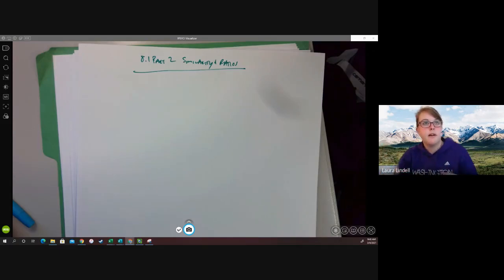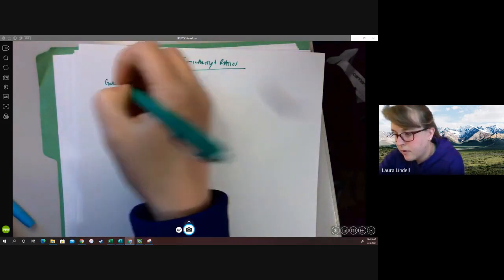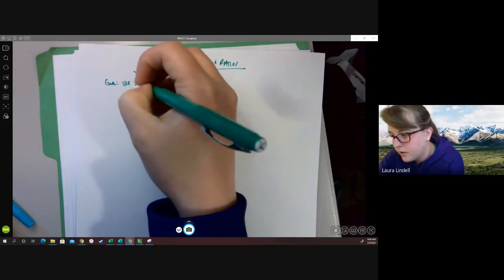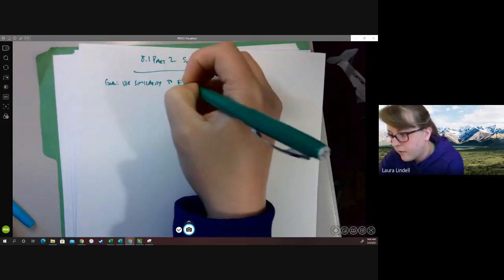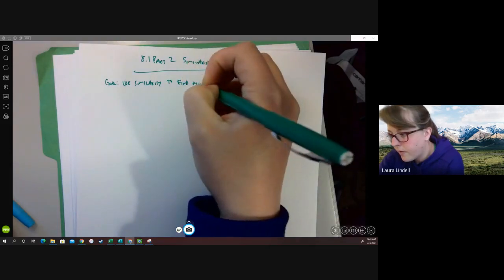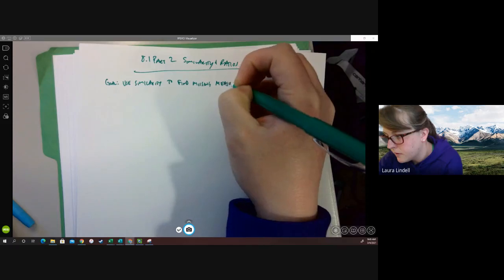And what we want to be able to do is use that similarity ratio to find side lengths and angles that are missing on one of our two shapes. So today our goal: use similarity to find missing measures.